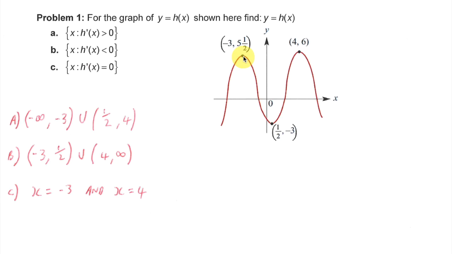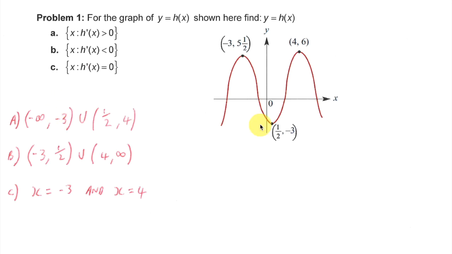Notice that I'm not including negative 3, because at negative 3 there is a turning point where the gradient is in fact equal to 0. So I'm looking at just values which are greater than 0. To begin with, I start from negative infinity and I go up to negative 3. I'm not including negative infinity and I'm not including negative 3.